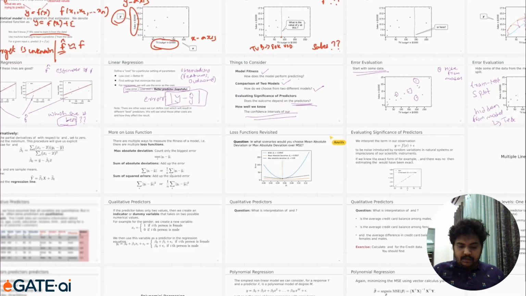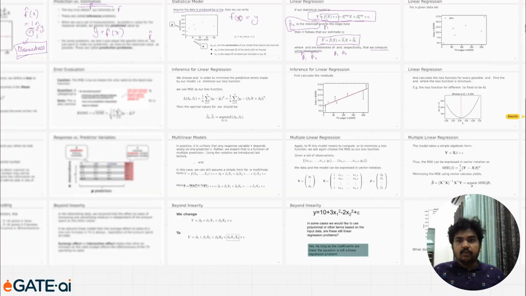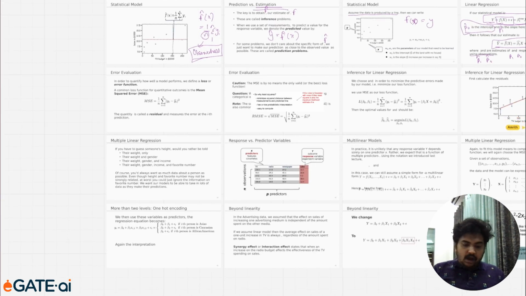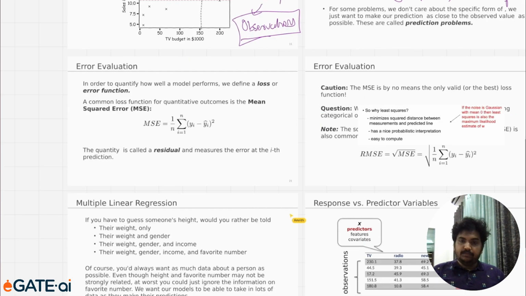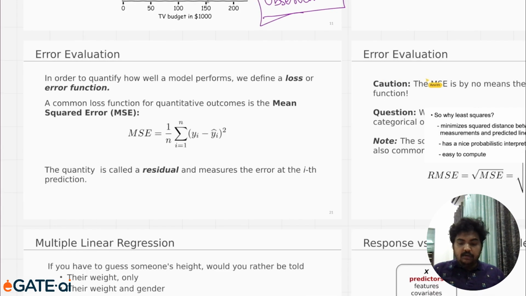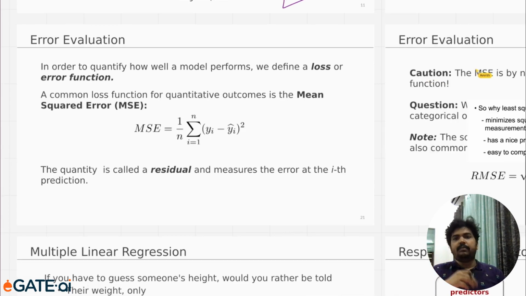Now, in order to quantify how well a model performs, we define a loss or error function. Previously we have mentioned this error, which is basically the difference between the observed outcome and the predicted outcome.